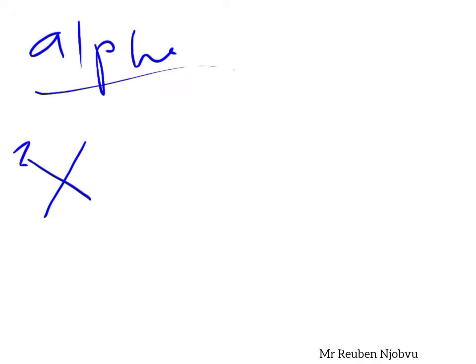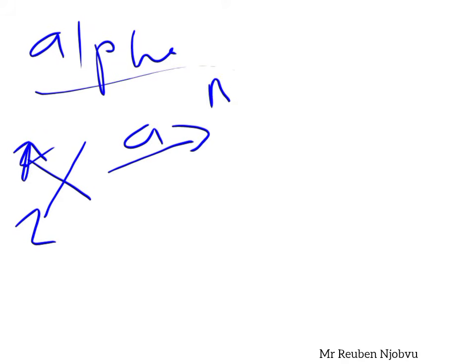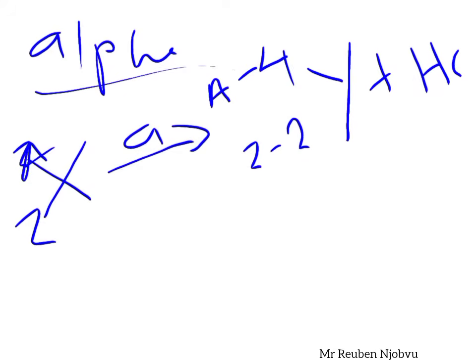Here there is A, here there is Z. When it has undergone an alpha emission, the mass number reduces by 4, the proton number reduces by 2, to form a new element, plus helium in nature, because it is an alpha radiation.